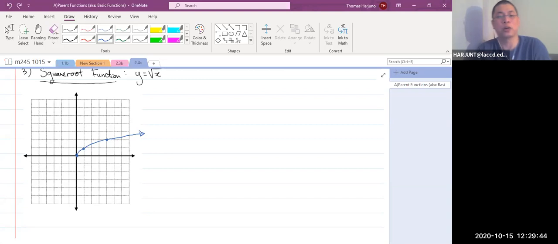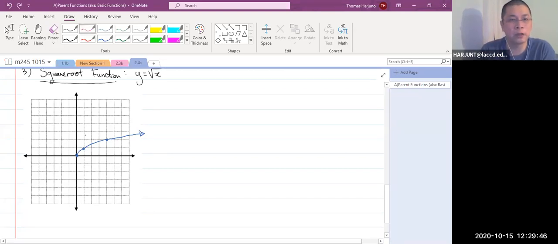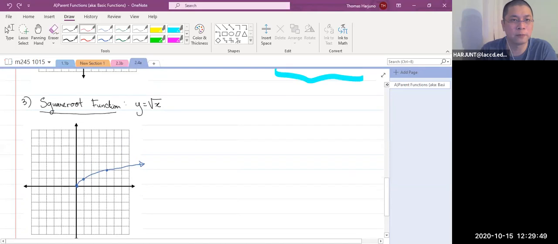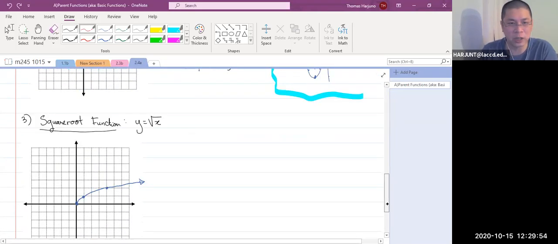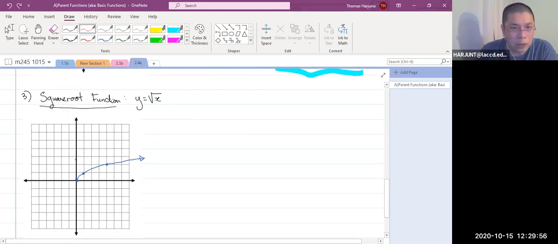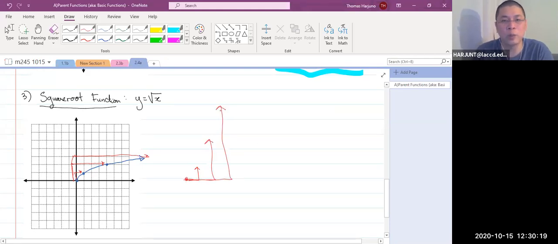Okay. So let's compare to the above. Instead of this kind of movement from the vertex, right 1 up 1, right 2 up 4, right 3 up 9, we invert that.